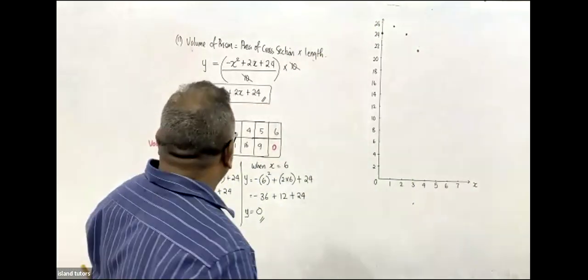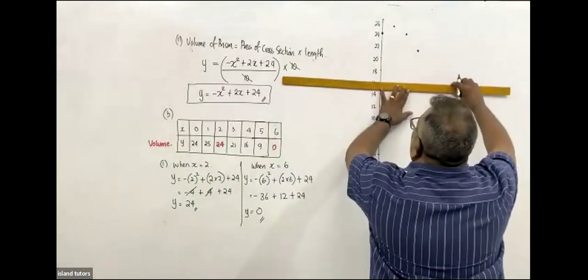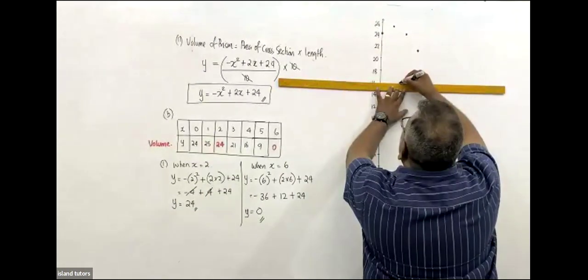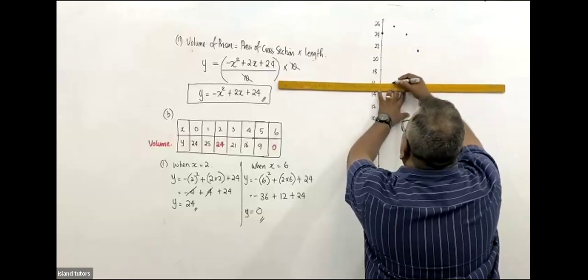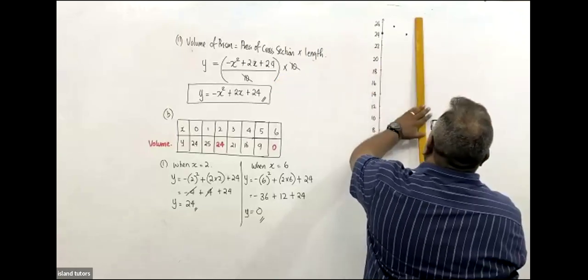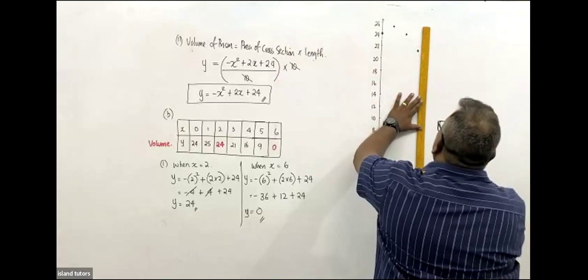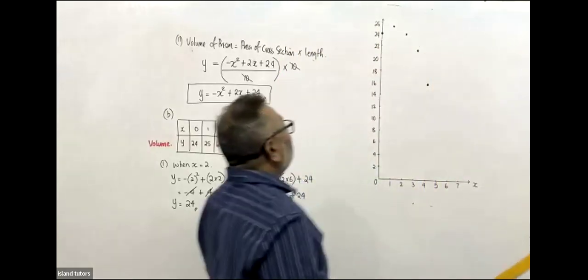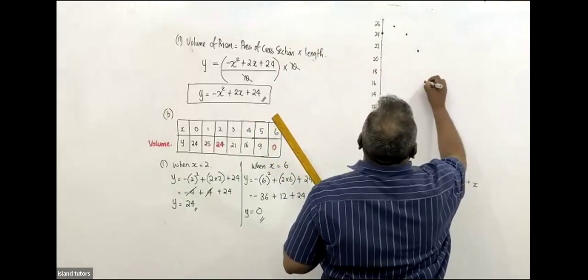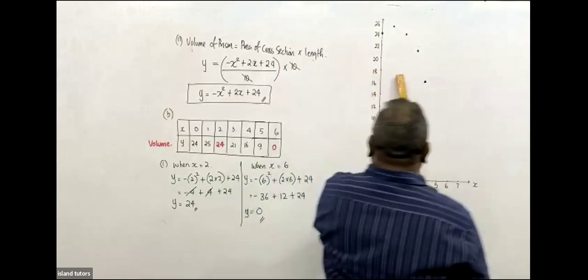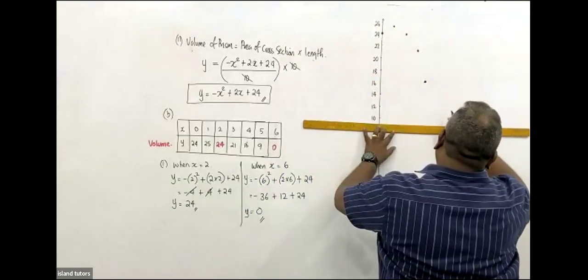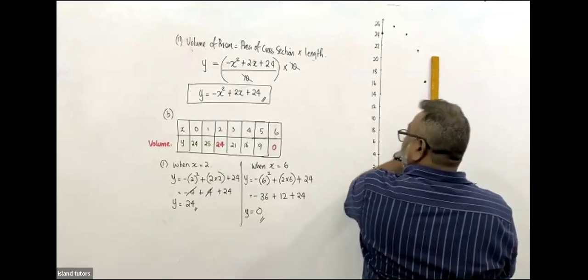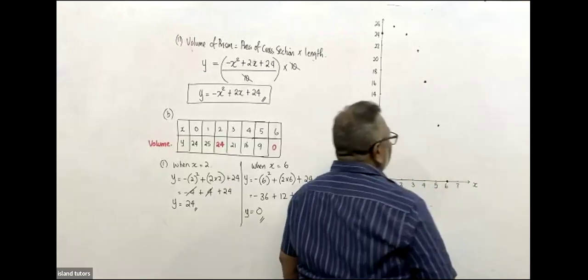Then 4, 16. Then 5, 9. And 6, 0. Right, so 6, 0.